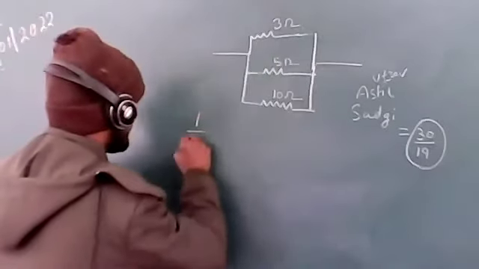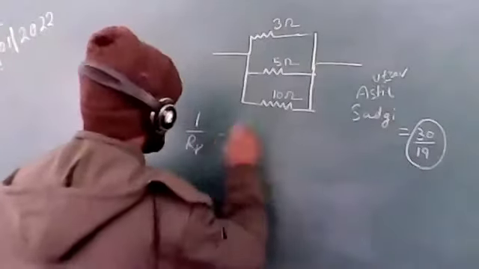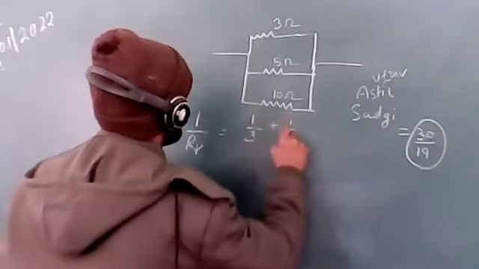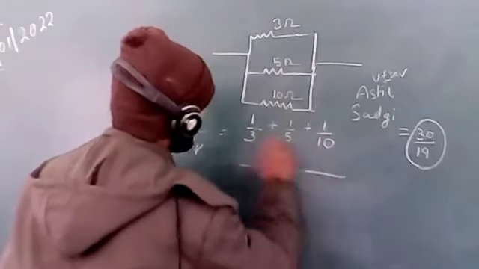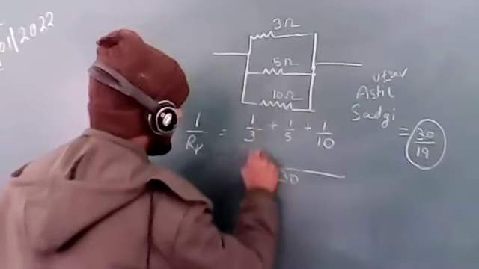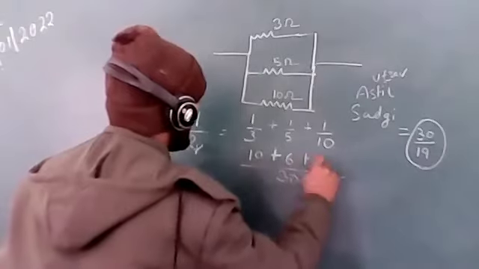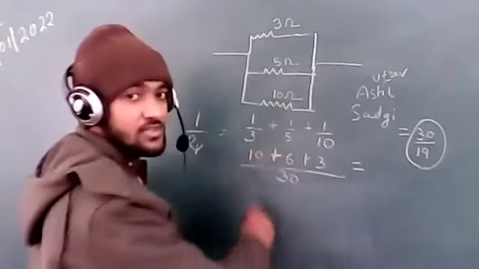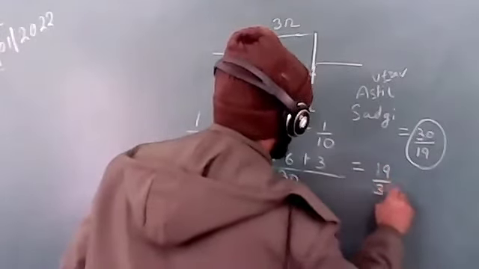So the equivalent resistance for this parallel combination is 1 upon 3 plus 1 upon 5 plus 1 upon 10. Okay, LCM of 3, 5, 10 is 30. 3, 10 times, 5, 6 times, 10, 3 times. That will be equal to 10 plus 6, 16, 16 plus 3, 19, 19 upon 30.